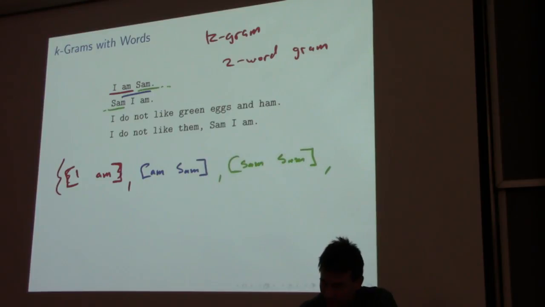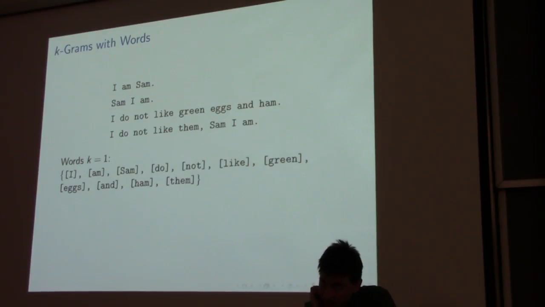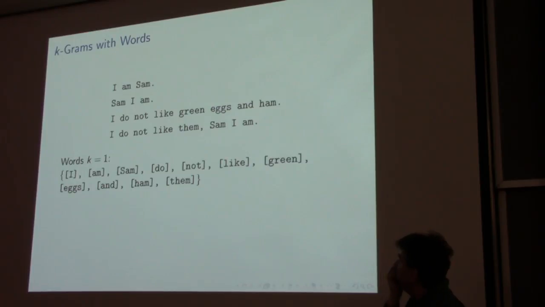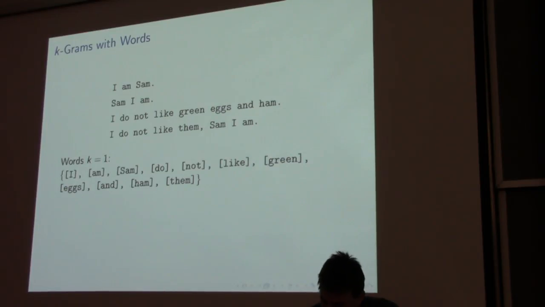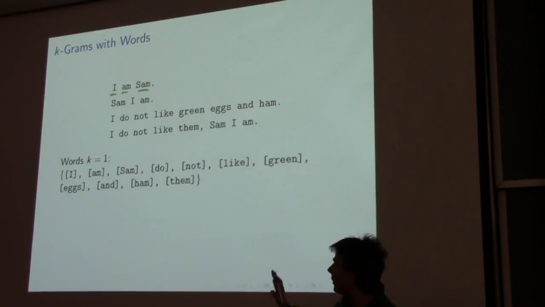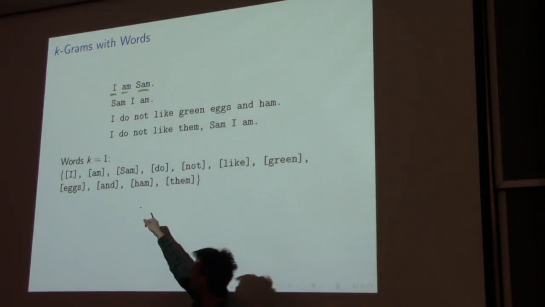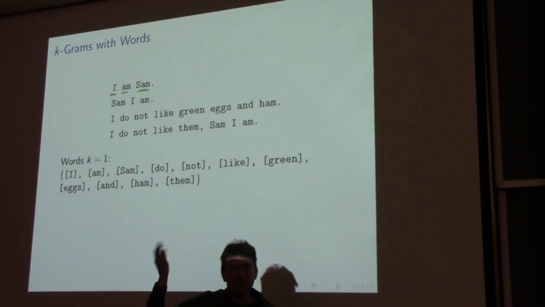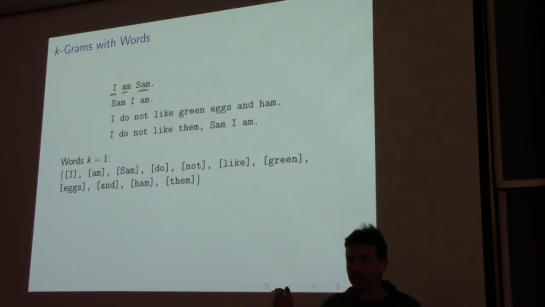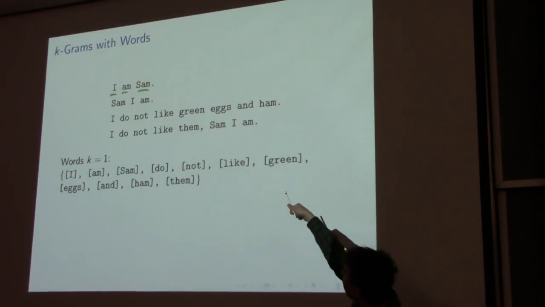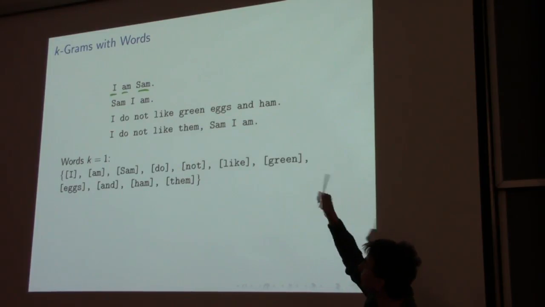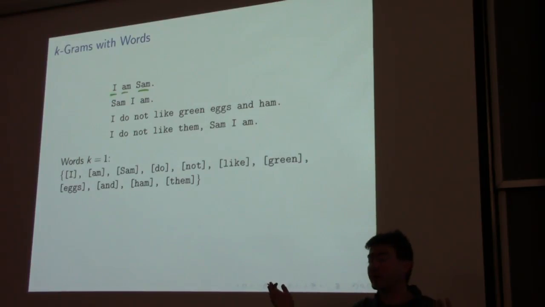Okay, so if I keep doing this, this is what happens if I did it with k equals 1. I started with "I am Sam," but then I don't include Sam again. I only have it in here once. It's a set, so for each object, I don't count duplicates. There's another version of this we'll talk about either at the end of the lecture today or in another lecture where you can count. I see that Sam occurred 3 different times in this document, so I want to keep track that it occurred 3 times.